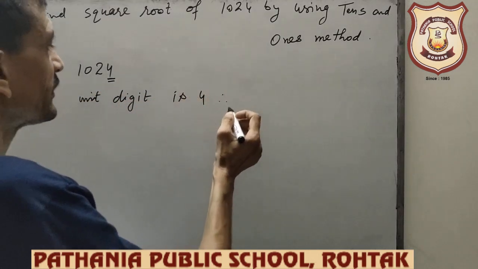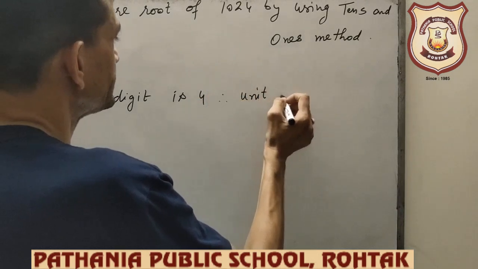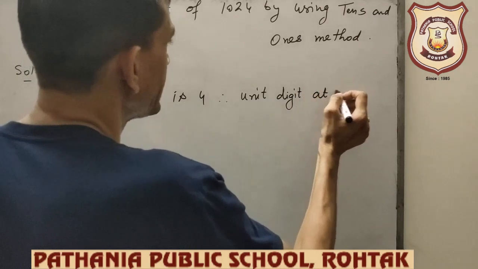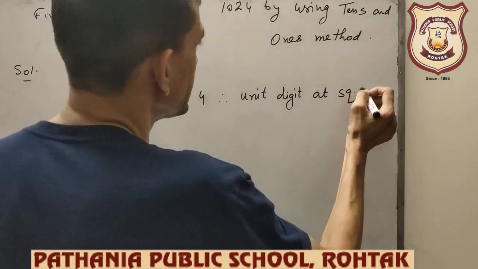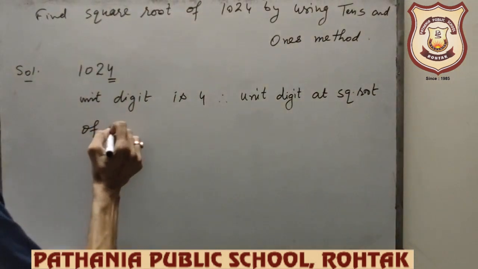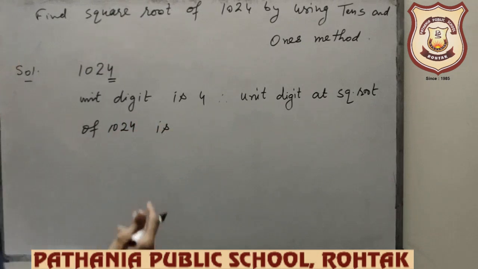So the unit digit of the square root of 1024 is what? Now you have to think of a number whose square ends in 4.